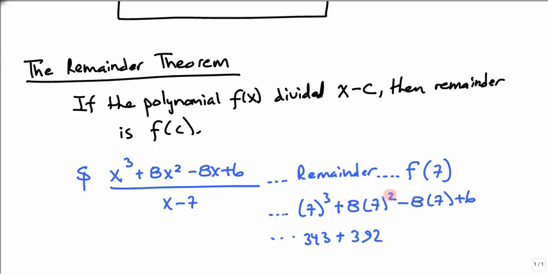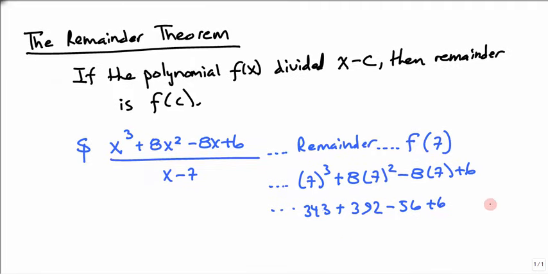Now remember, when we square here, we have to square the 7 first. We don't take 8 times 7 first and then square that value. Negative 8 times 7 is minus 56, plus 6. As we're simplifying, we have 343 plus 392 minus 56 plus 6.